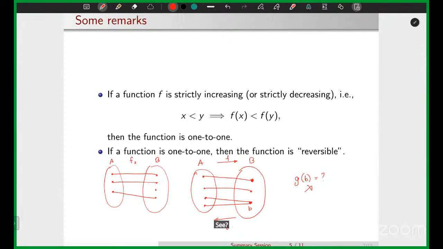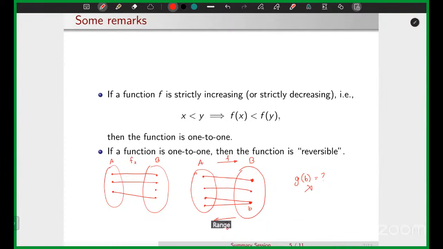So what would be the domain of the inverse? It will be something over here, right? It can't be B because there are some elements which don't have pre-images. So there is a specific name for it, a name that you already know.